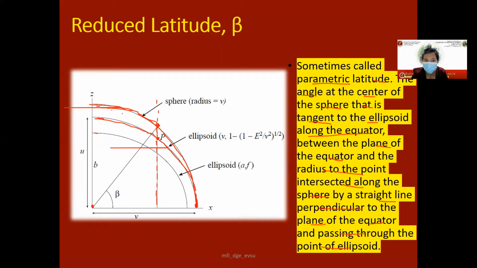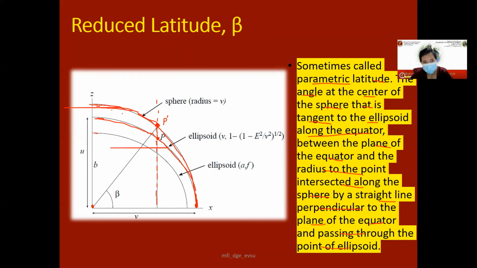At this point here, it intersects the sphere. Let's say this is P prime, the projection of P onto the sphere. Our line meets there. For that P prime, we create a radius directly to the center.